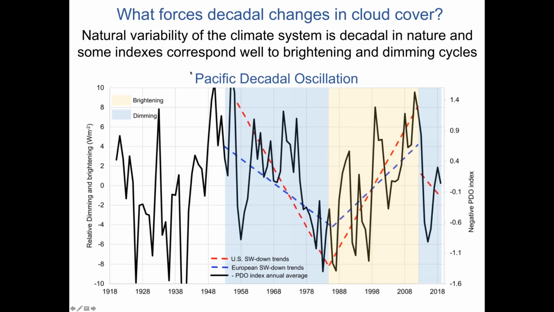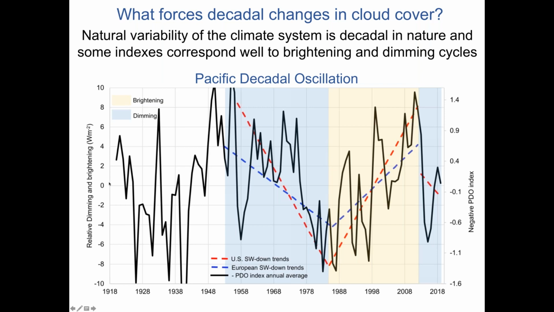And I've noticed the PDO and the AMO have about 60 to 80 year cycles, and both of them corresponded pretty well to the brightening and dimming period. So I got the index data from PSL and plotted annual averages. Here is the PDO over about the last 100 years.